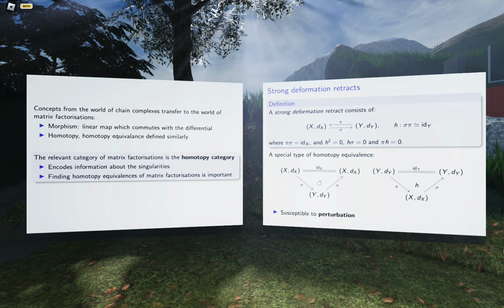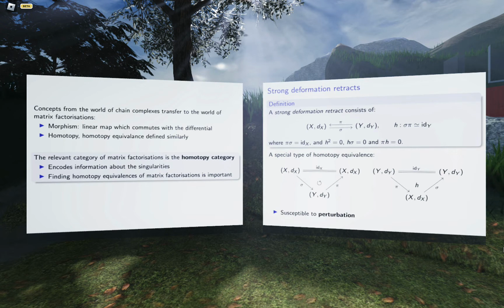So a strong deformation retract consists of the following data. It has a map pi from y to x, where y and x are either matrix factorizations or complexes, and then a map back the other way, sigma, from x to y, right? And these maps form a homotopy equivalence in a particular way, such that sigma followed by pi is equal to the identity.